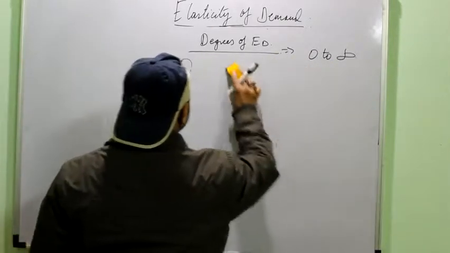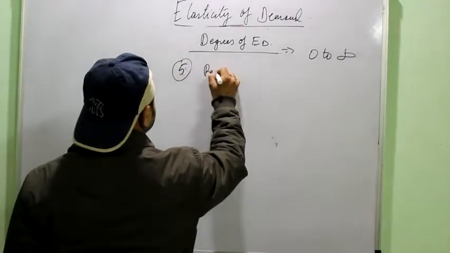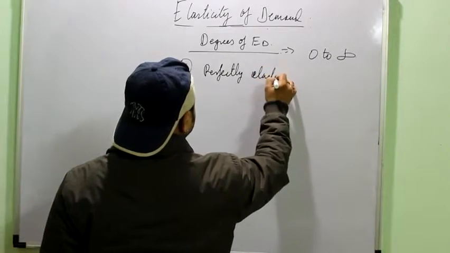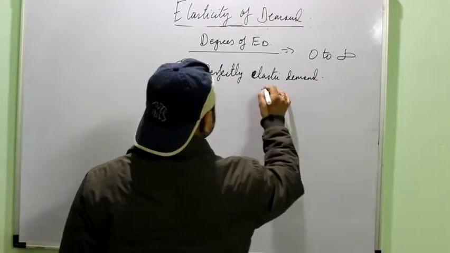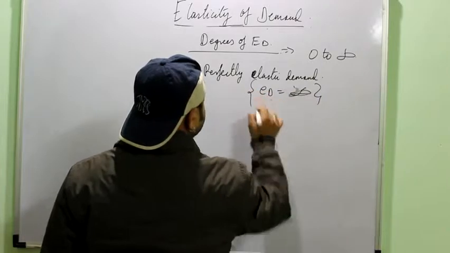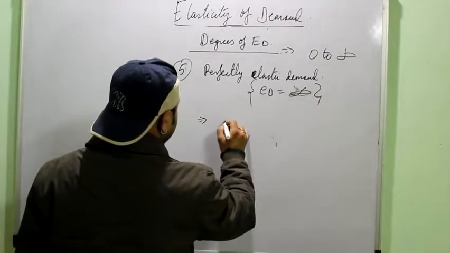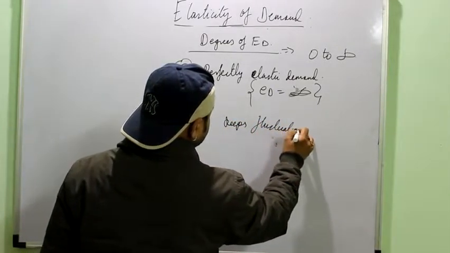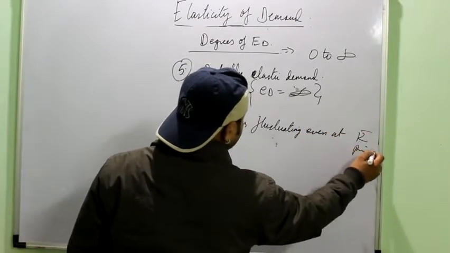Next and the last degree of elasticity is perfectly elastic demand, or ED is equal to infinity. It is defined as when the demand keeps fluctuating even at a constant price.